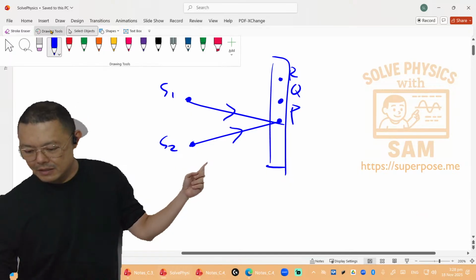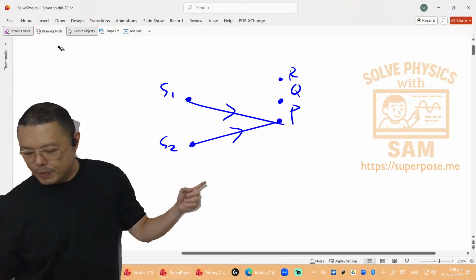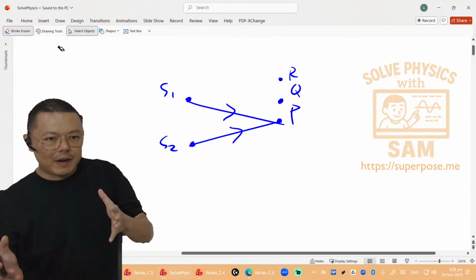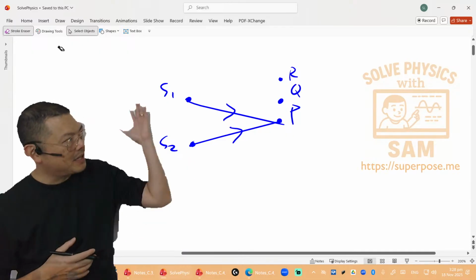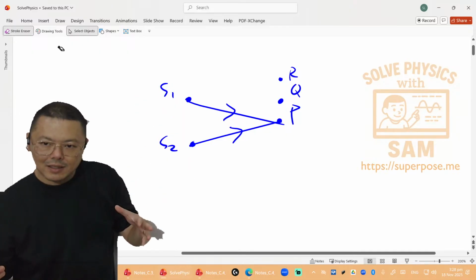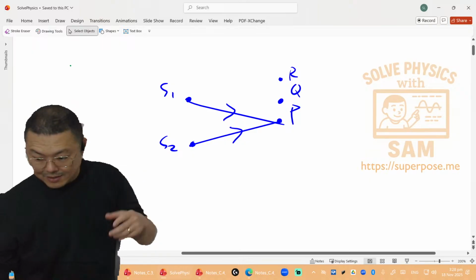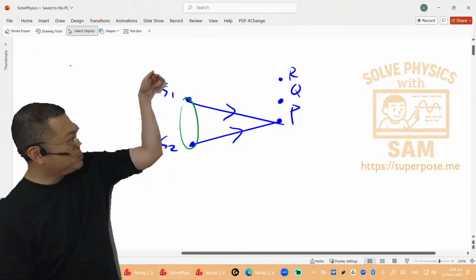There's no reflector. Everywhere around them is just open space. Where can you find a standing wave? I'm telling you that there's a standing wave in this picture, but where? Between the two of them, between the two sources.